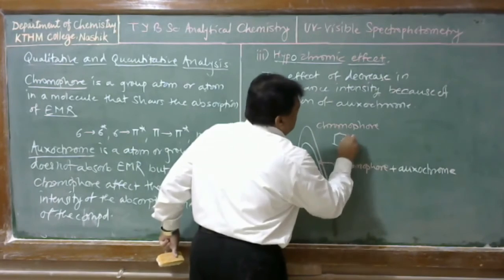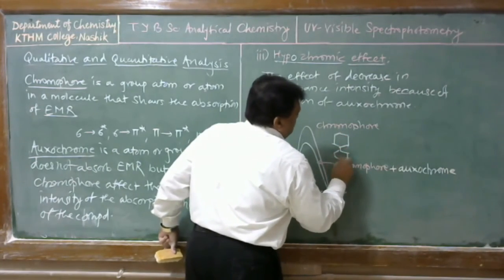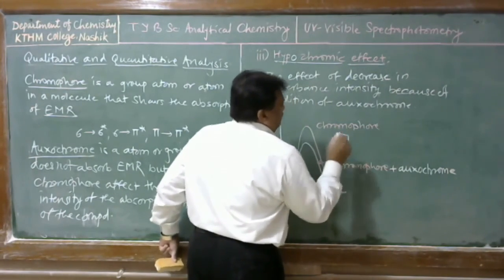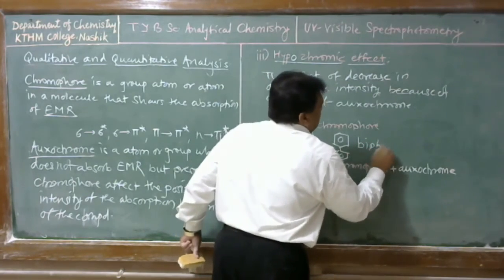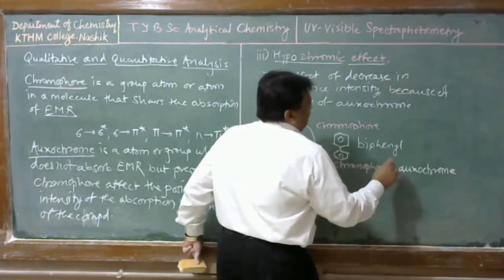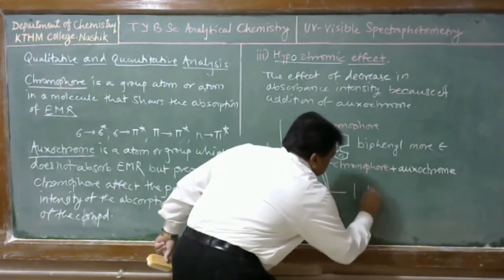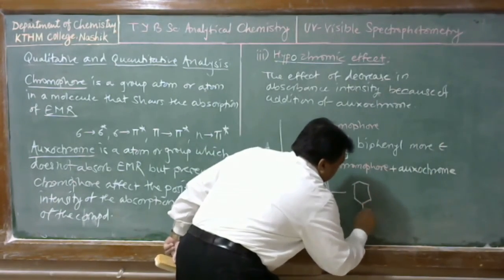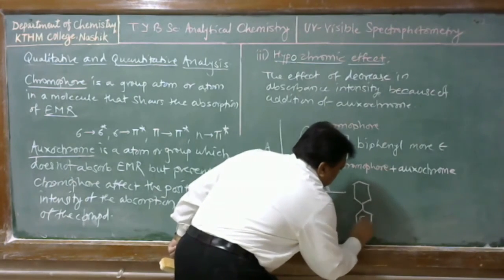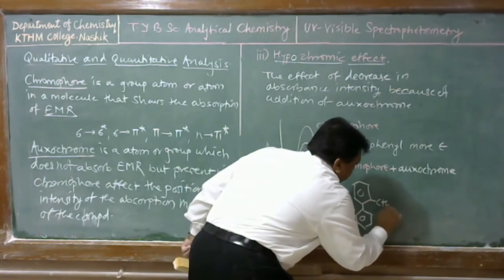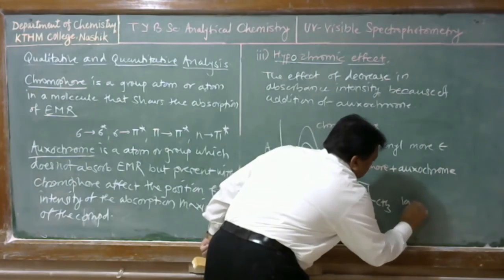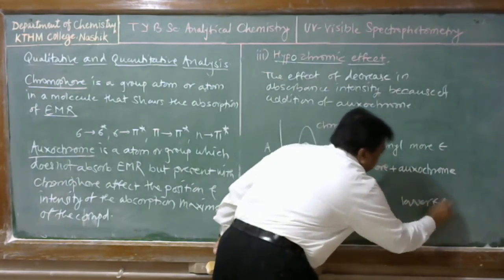For example, this compound is called biphenyl. This is a biphenyl compound that has a higher value of epsilon. And this other compound is a derivative, that is when a methyl group is attached here, it shows a lower value of epsilon.